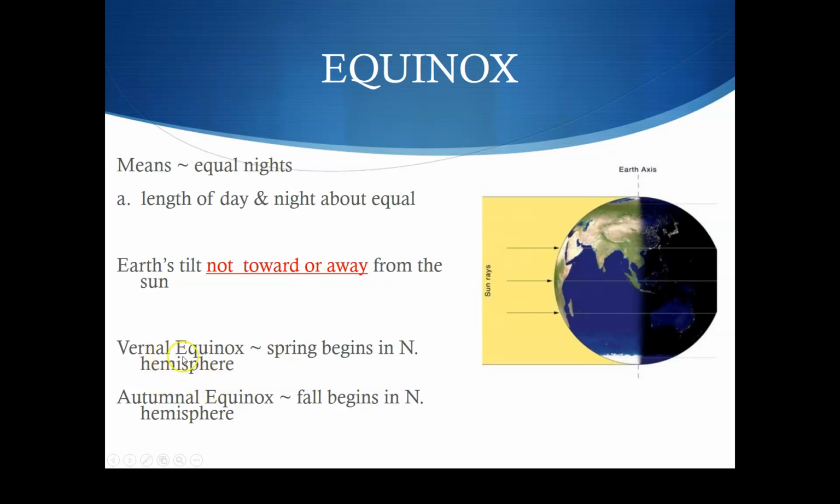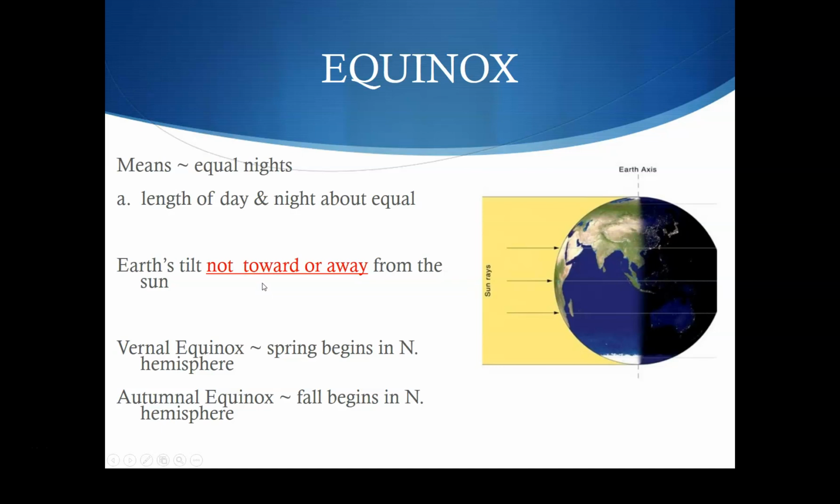This is also called the vernal equinox or the spring equinox, and we're actually getting ready to have our spring equinox in March, March 21st. That's coming up pretty soon. And then our autumn equinox is in September. Again, in both of these examples, the earth is not pointing towards or away from the sun. It's equal day and equal night.